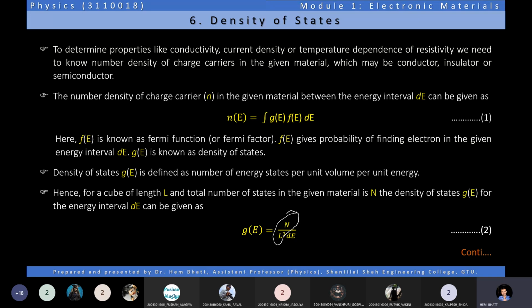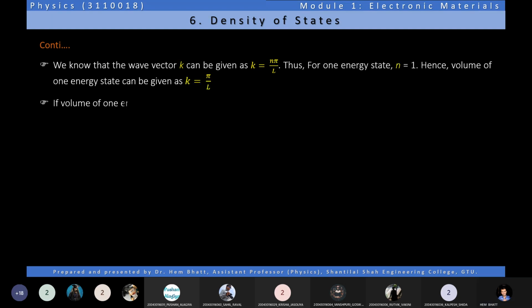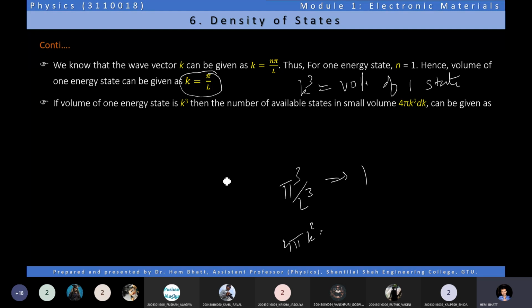So as I told you earlier, this step you will have to remember for now. k is equal to pi by L. That is k cube is volume of one energy state, and k is pi by L. So you can say pi cube by L cube gives you one energy level. જો pi cube by L cube માં એક લેવલ હોય તો 4 pi k square dk માં કેટલા લેવલ હોય?